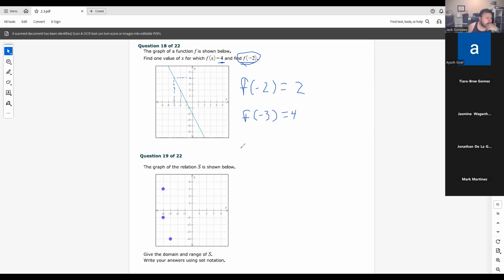So the answer would be y is 2 for the first part, and this would be your x, right?